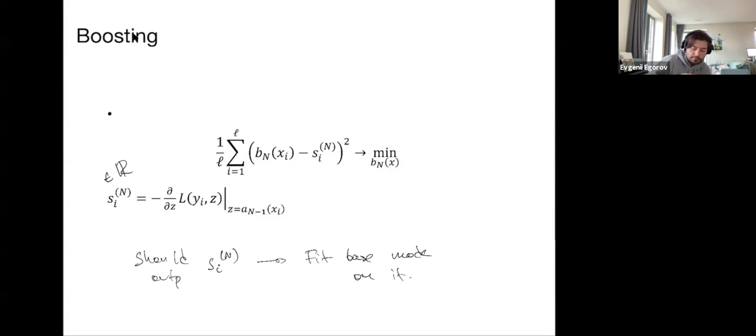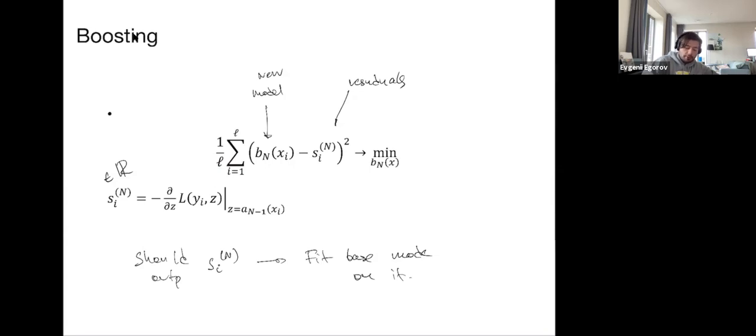And so then it all boils down to optimization of MSE loss. So this is our new model, these are the residuals, and what we do is just solve the regression problem. And this is nice because now, whatever loss function we have as the target loss in our overall problem, we break it down into solving several regression tasks.